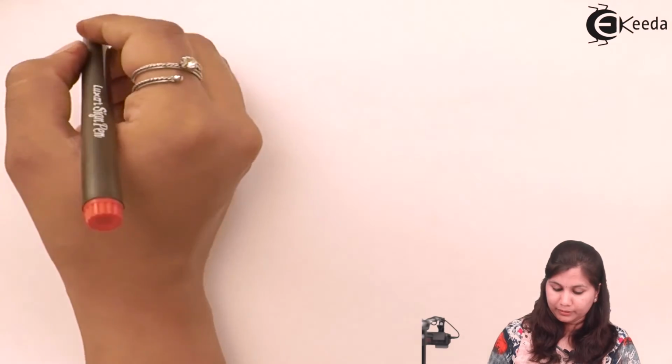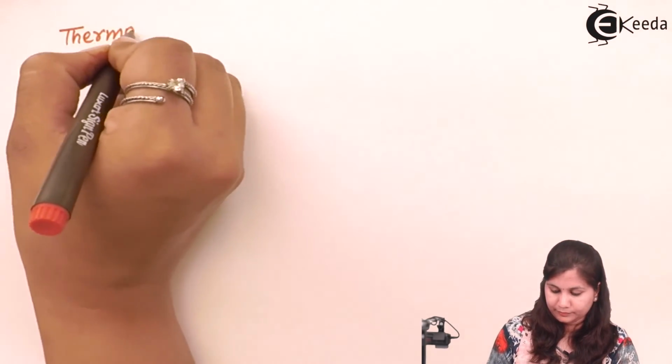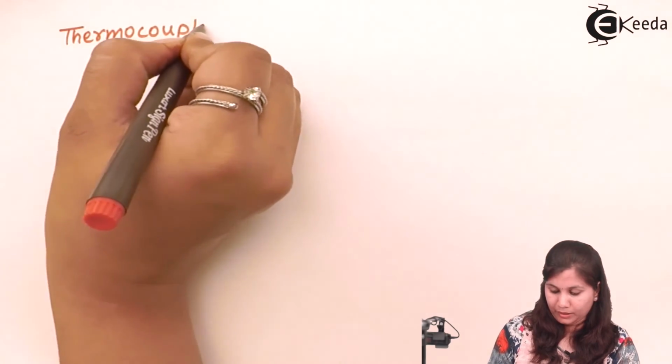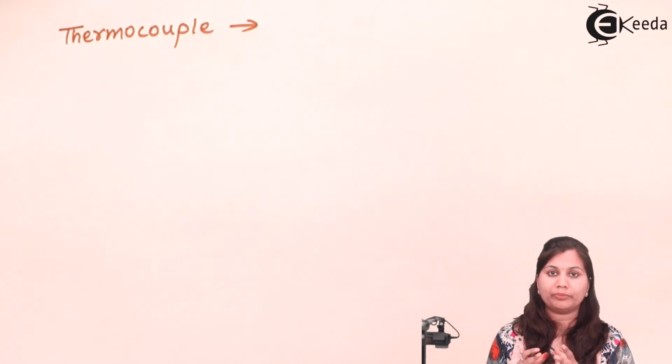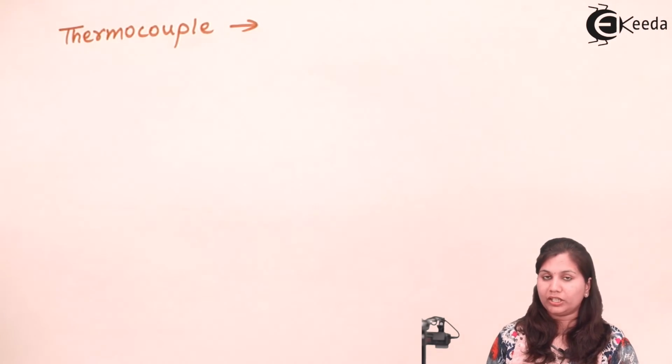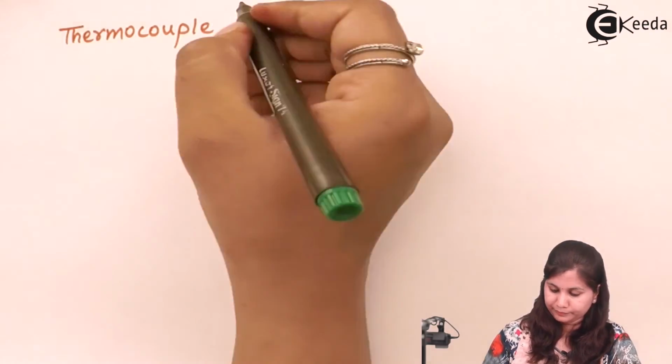Next is thermocouple. Now in thermocouple, we have seen that it consists of two dissimilar metals which are joined together to form the junctions. So here we can use any of the metals for its construction.